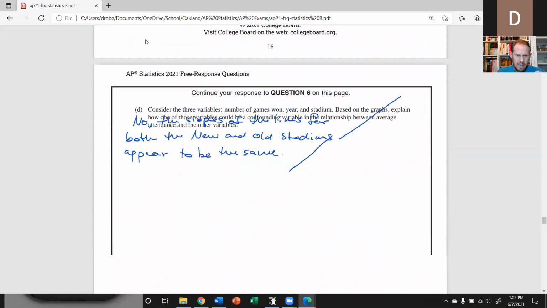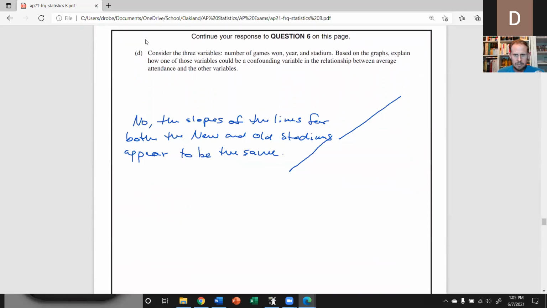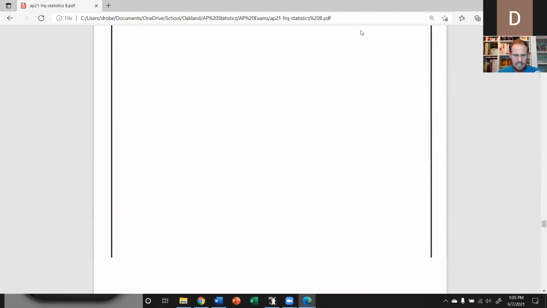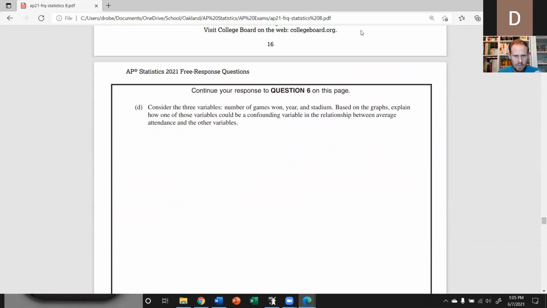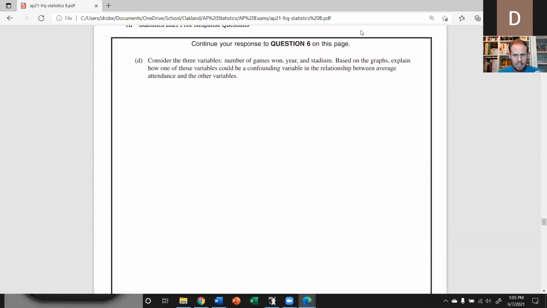All right, part D. I think this is it, isn't it? Consider the three variables: number of games won, the year, and the stadium. Based on the graphs, explain how one of those variables could be a confounding variable in the relationship between the average attendance and the other variables.